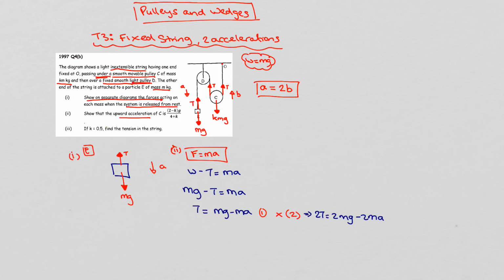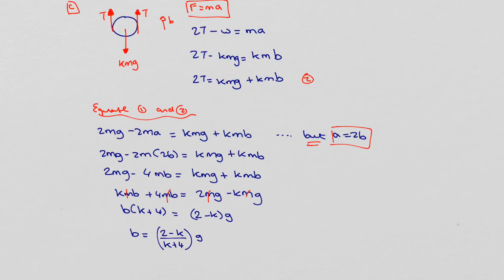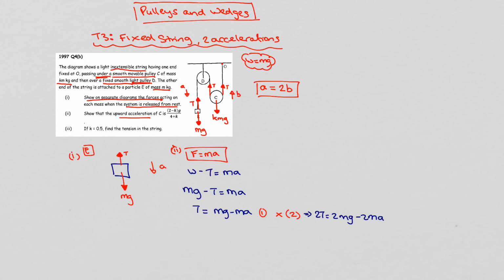And that's what they wanted us to show. They wanted us to show that c's acceleration was 2 minus k times g over k plus 4. So done. Okay, so then what does it want? Well, it wants me to find, if k is equal to 0.5, the tension in the string.